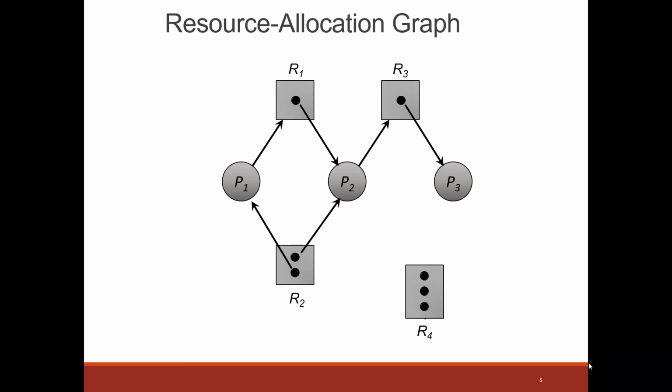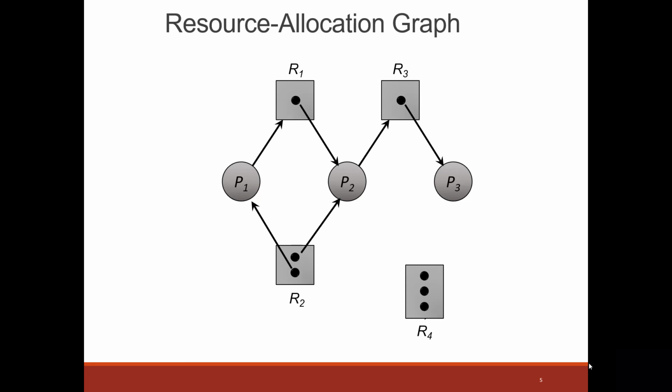Here's an example of a situation where we have 3 processes and 4 resources. Resource 1 and 3 each have 1 instance. Resource 2 has 2 instances, and resource 4 has 3 instances. Let's look a little more deeply. Notice process 1 wants to get an instance of resource 1, but it can't because it's being held by process 2. Process 2 is waiting for an instance of resource 3.